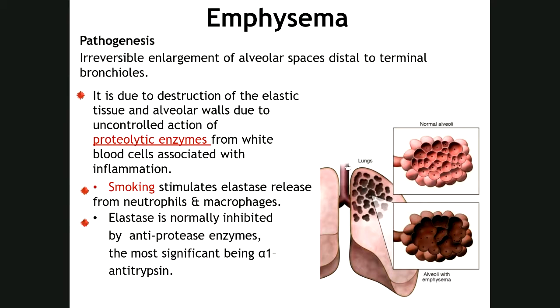Emphysema is mainly due to activation of the enzymes, as we mentioned. Usually these are inhibited by the anti-protease enzyme, alpha-1 antitrypsin. So normally we don't have these emphysematous changes, but in smoking the enzymes will be activated, and there are some genetic problems that can also cause emphysema, which will lead to destruction of the alveoli.